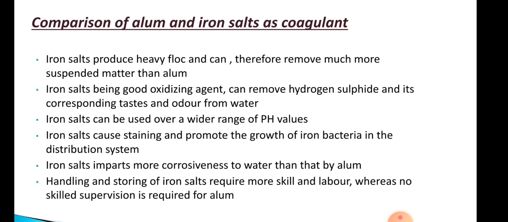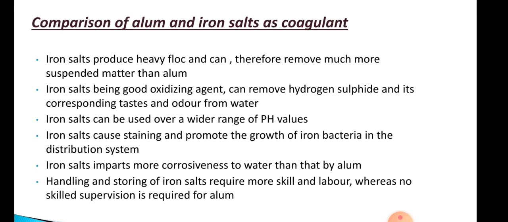Moreover, like I told, alum can be used only for a specific pH range. However, iron salts can be used for a wider range of pH values. Iron salts also cause staining, and they promote the growth of iron bacteria in the distribution system. So this is one disadvantage of using iron salts.